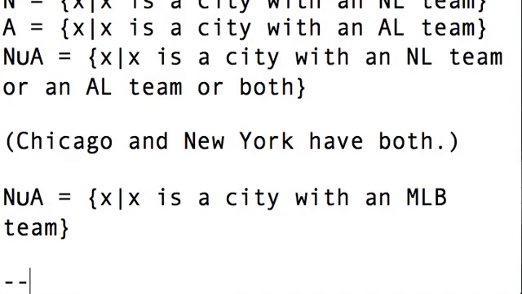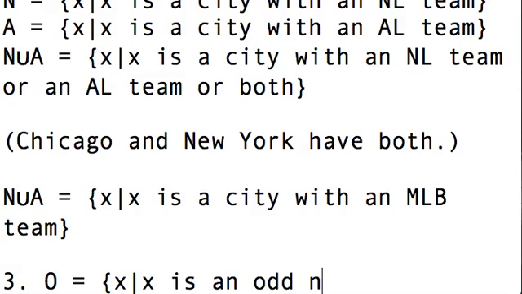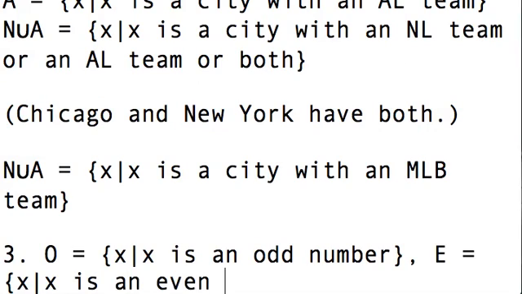Okay. Finally, let O be the odd numbers, so X such that X is an odd number, and E is going to be X such that X is an even number.